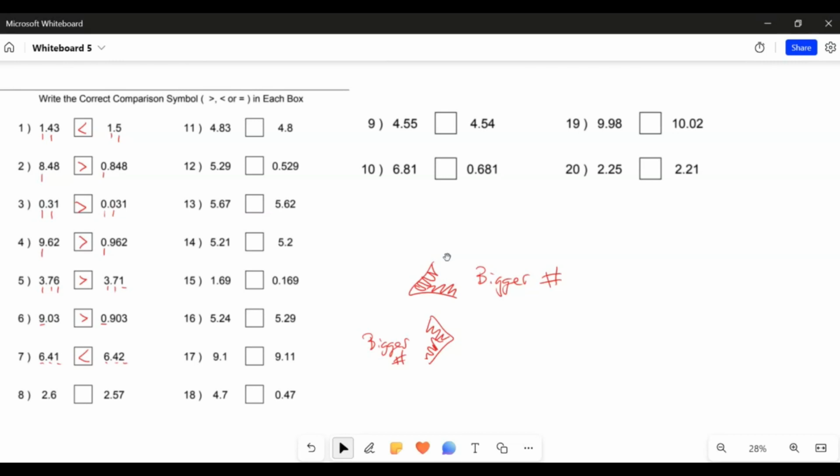And it's only 3 of you. Which one's bigger?